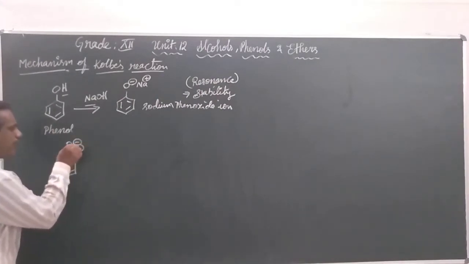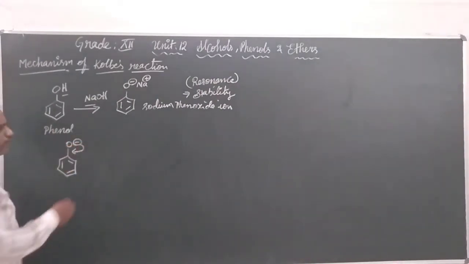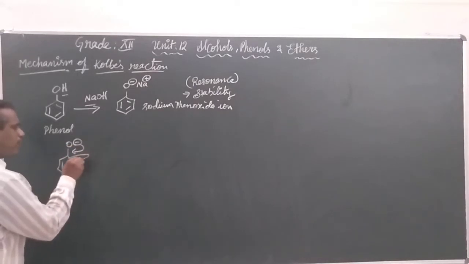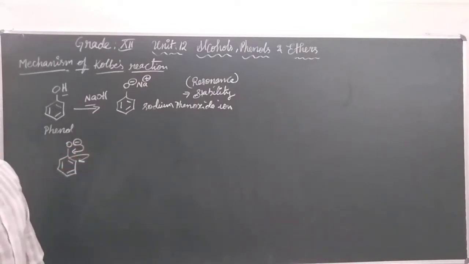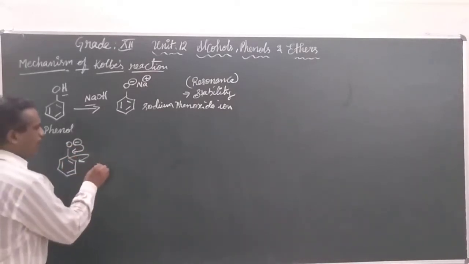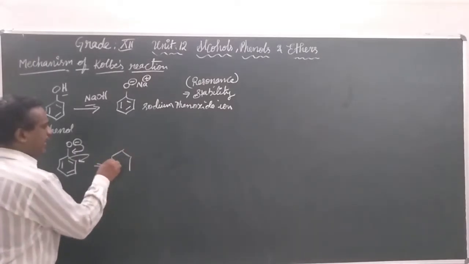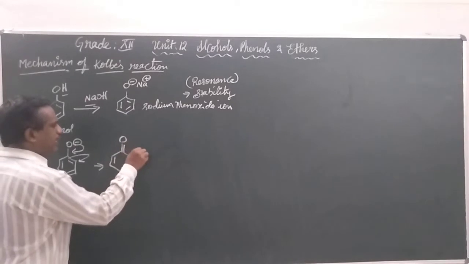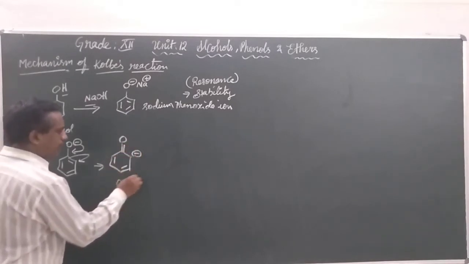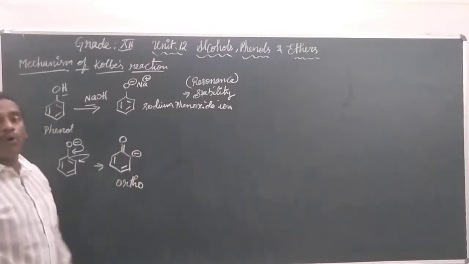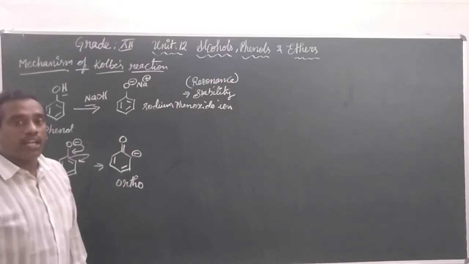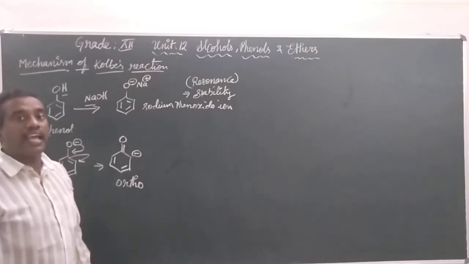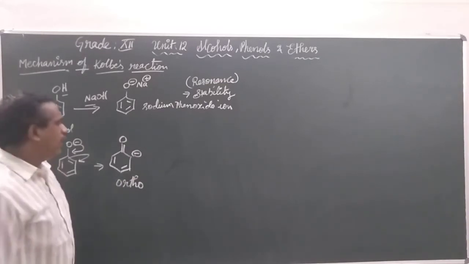It is involved in conjugation with the benzene ring, which makes the pi bond migrate onto the ortho position. Now there is an electron rich center at the ortho position. That is the carbanion, the electron rich center.